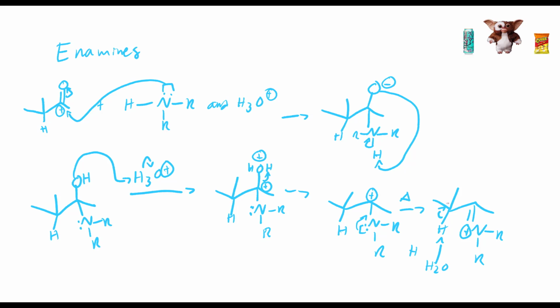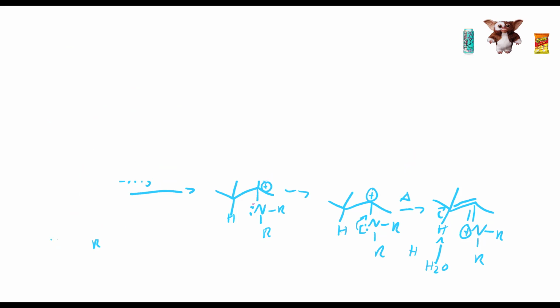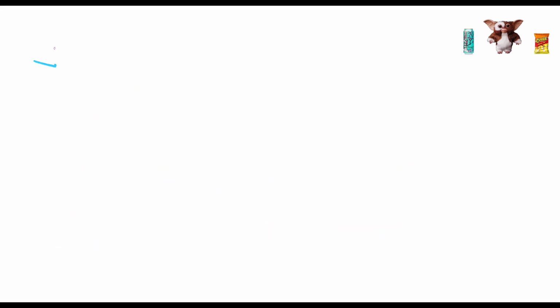Now we have some lone pairs. But what if those lone pairs made a double bond right there? When it does that, you have a problem. So here's what we have now. If I recall correctly, there is a carbon here, and then a nitrogen over here, and a double bond.